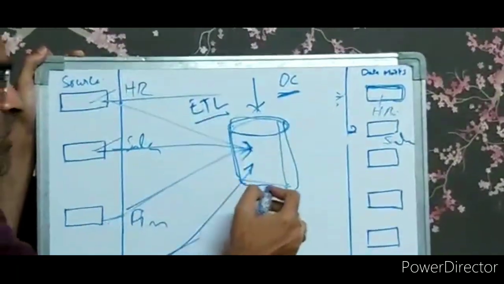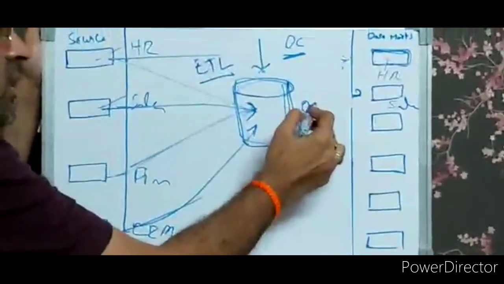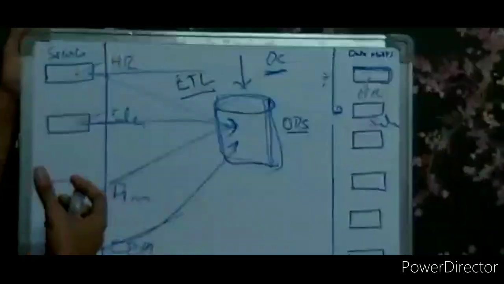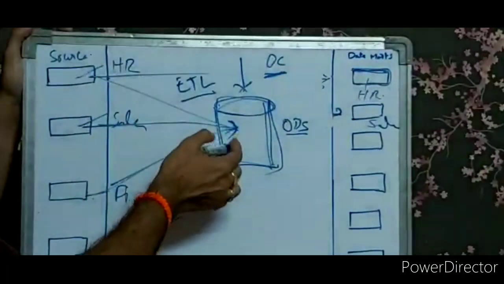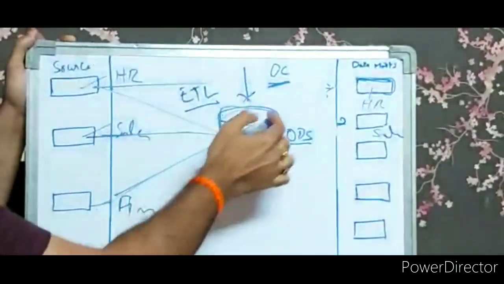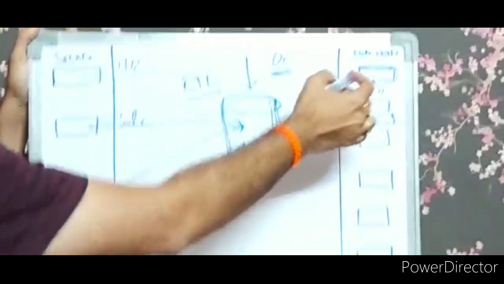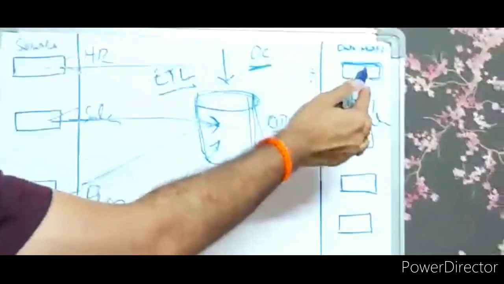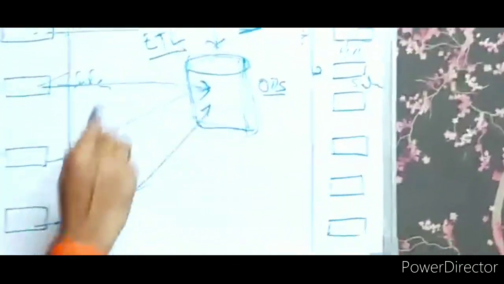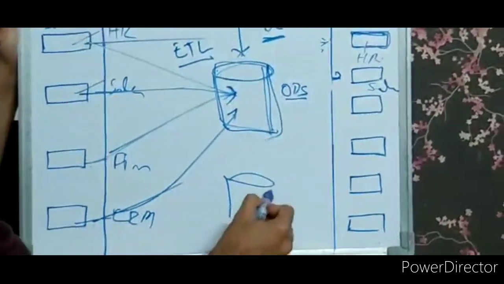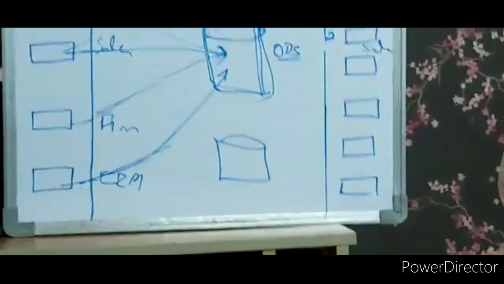That is the whole purpose of having this operational data store: it captures the current snapshot of the data. It's not going to maintain historical data, because the business users' main intention here is to perform current operational data analytics, and they want to generate reports on top of this ODS data, right? In case we need historical data, then as we discussed in our last class, the data warehouse comes into the picture.